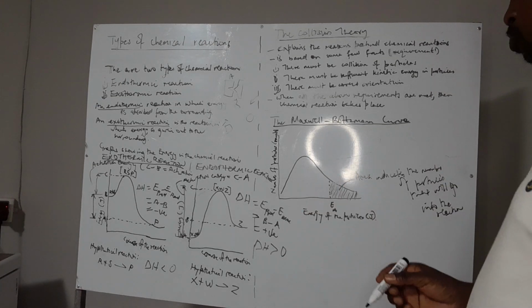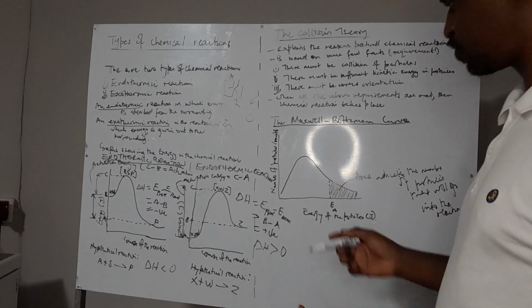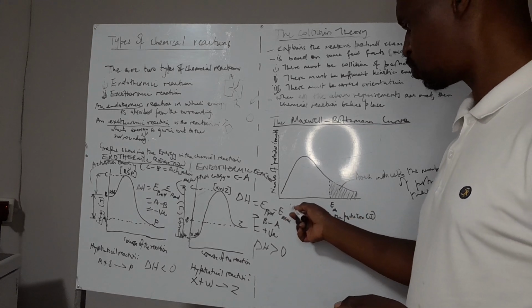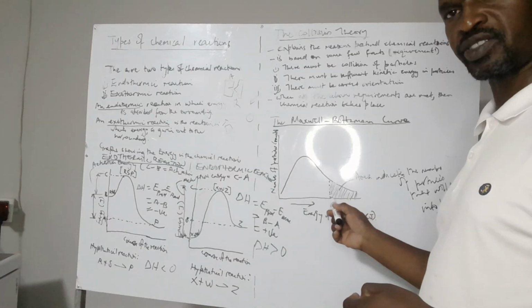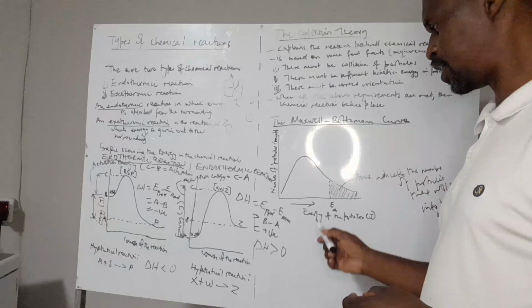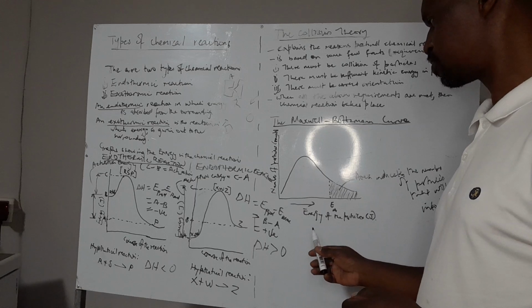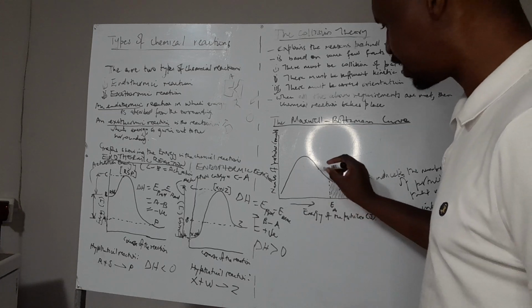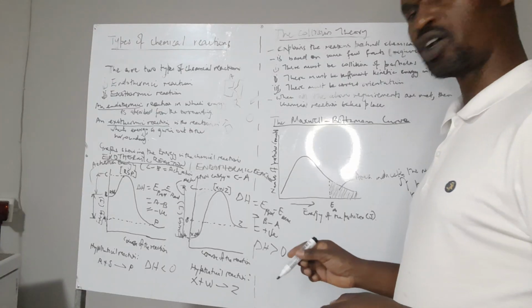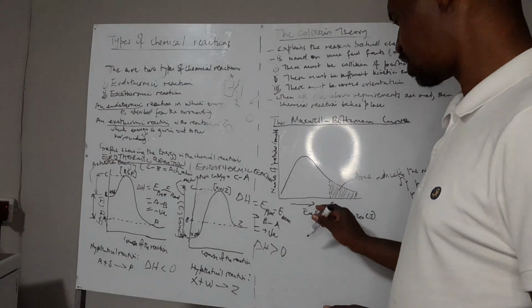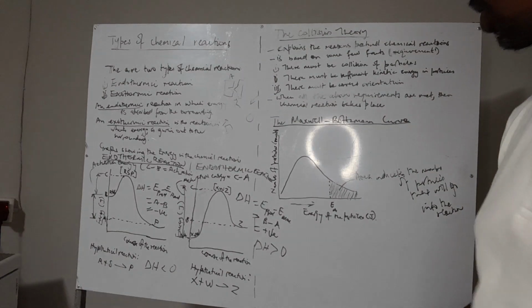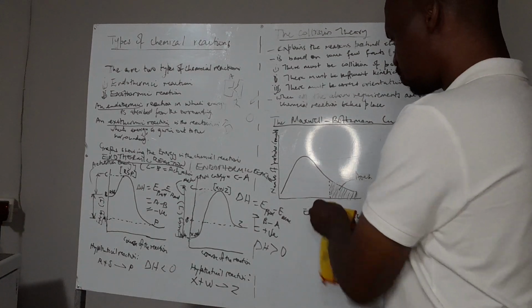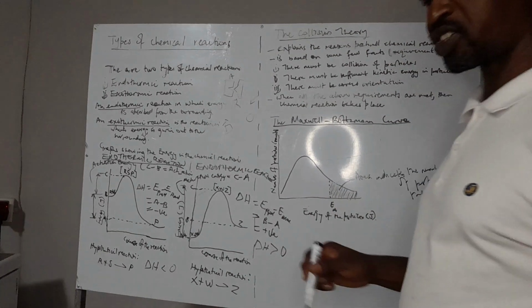Maybe I should explain why. If you look at that, remember when you come from your left to your right, the energy is increasing. Now you see that we've got what we call the average kinetic energy. Maybe you would have to know what average kinetic energy is.